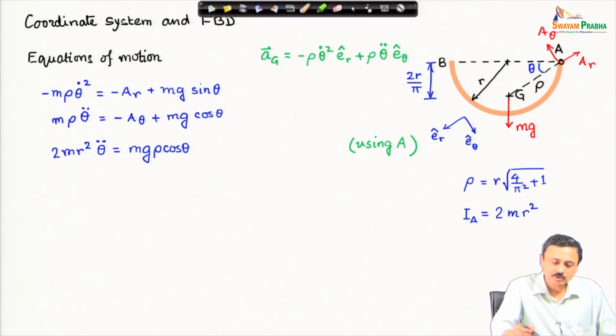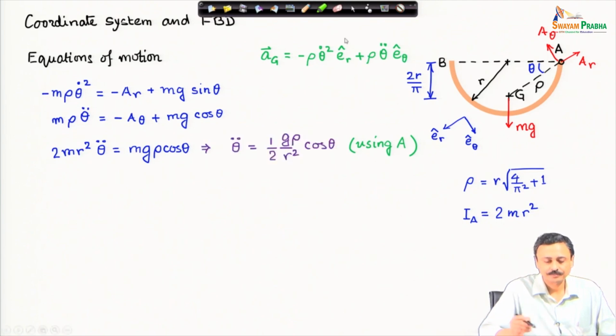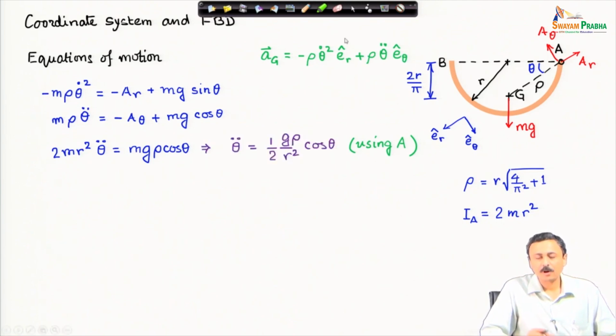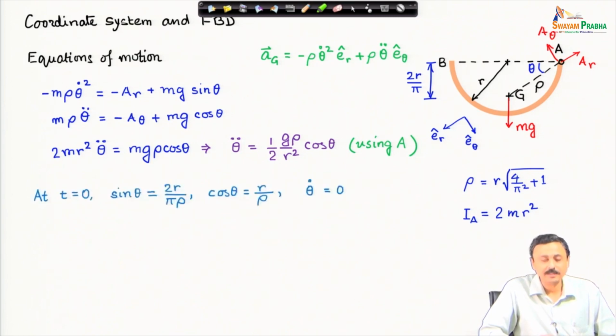The plan is to calculate the angular acceleration as soon as it is released, and then find the forces at the hinge. From here I can solve for theta double dot, the angular acceleration, which I have to find at time t equal to 0 plus, that means just as it is released.